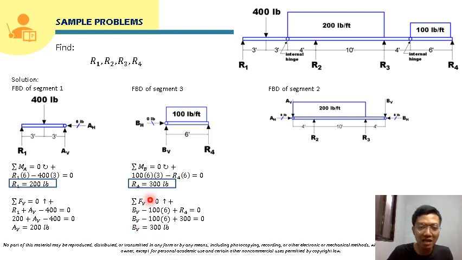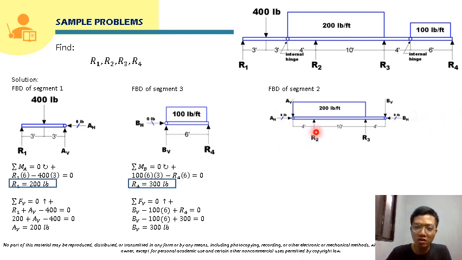We will transfer BV and AV to the free body diagram of the second segment. If AV is directed upward here, it should be directed downward here. Also for BV, if it's directed upward here, when we transfer that to the free body diagram of the second segment, it is directed downward here. AH and BH will just be 0.